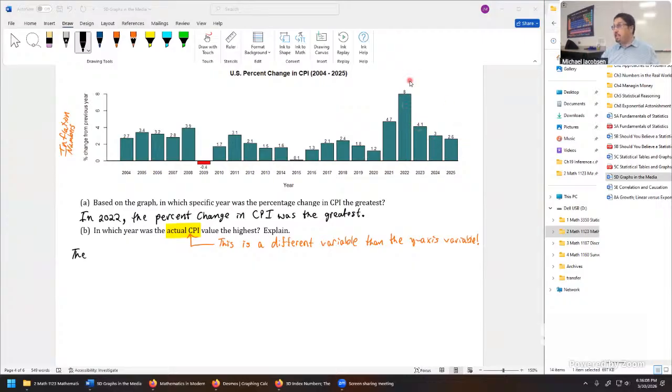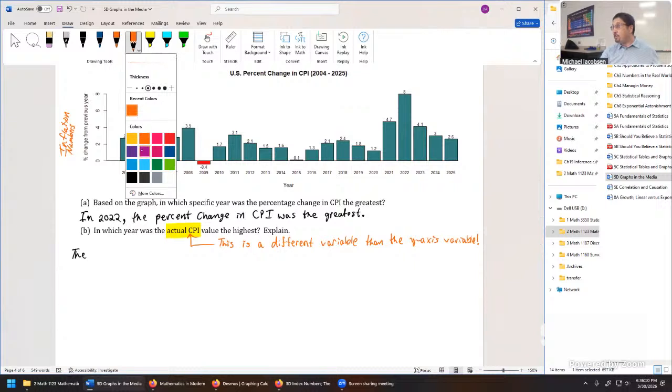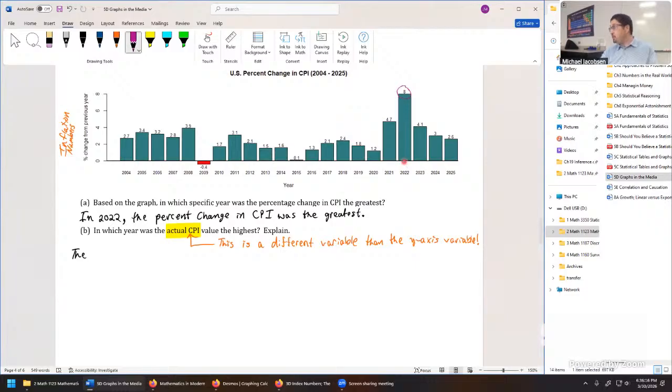So let's loop that into the explanation as well. When we see all these positive values, that means the CPI wasn't just at its highest in 2022, it grew here and it grew here, and then it grew in 2025. So all these values, because they're positive, I could circle all of them until I get to negative 0.4, but let's focus on these big ones.